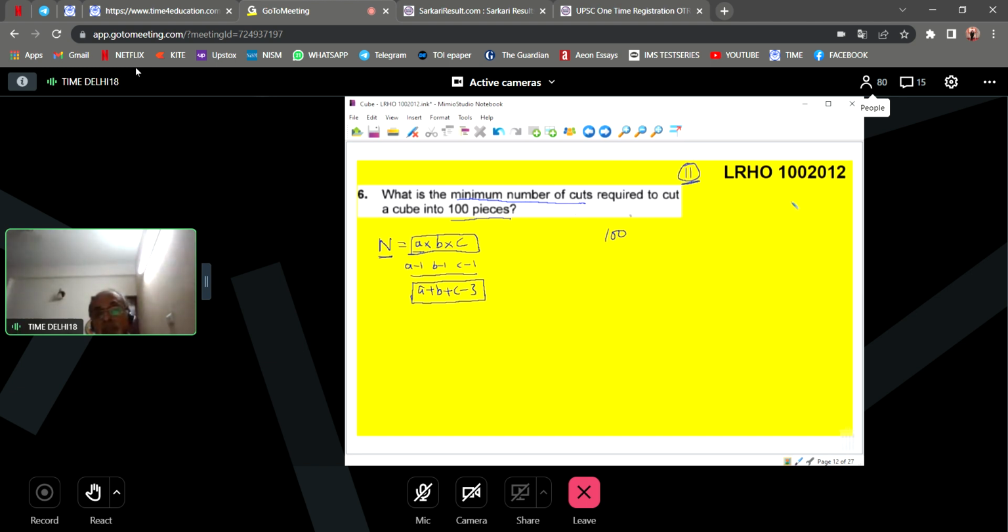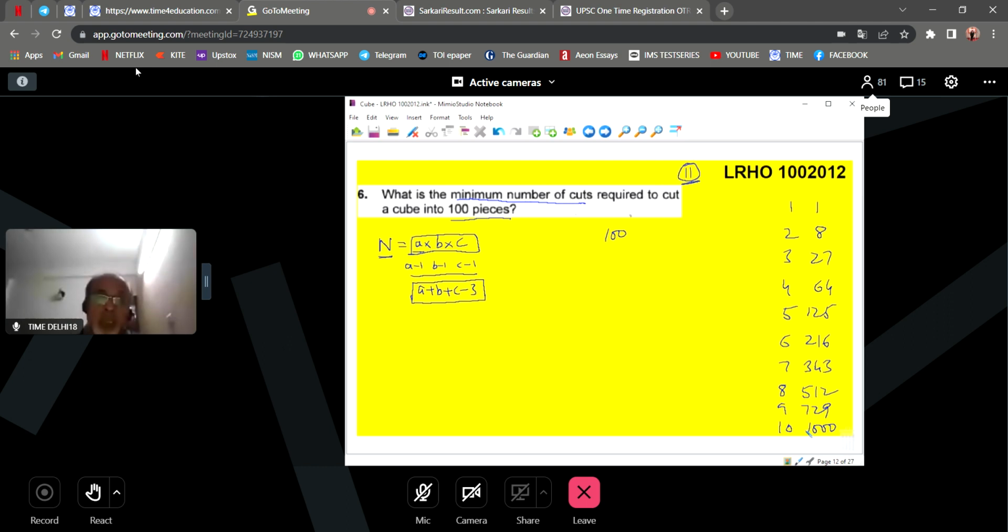I look at my cubes. 1 cube, 1. 2 cube, 8. 3 cube, 27. 4 cube, 64. 5 cube, 125. 6 cube is 216. 7 cube, 343. 8 cube, 512. And 9 cube, 729. And 10 cube is 1000.